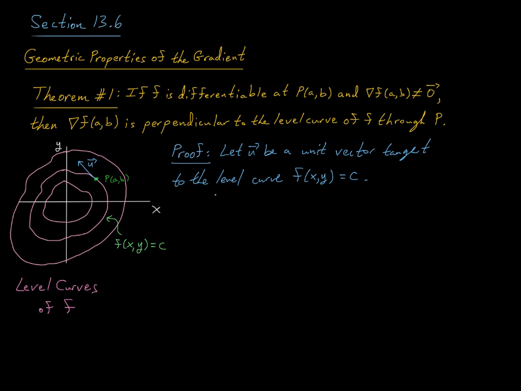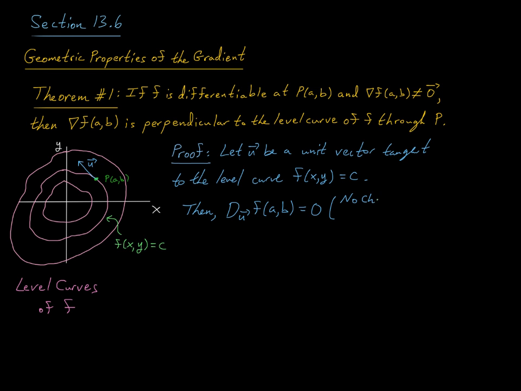Okay, so put another way, then we can say the directional derivative of our function f at the point a, b in this tangential direction, u, would be 0. Why? Well, because if I stay on the path, then I'm not going to change my altitude.